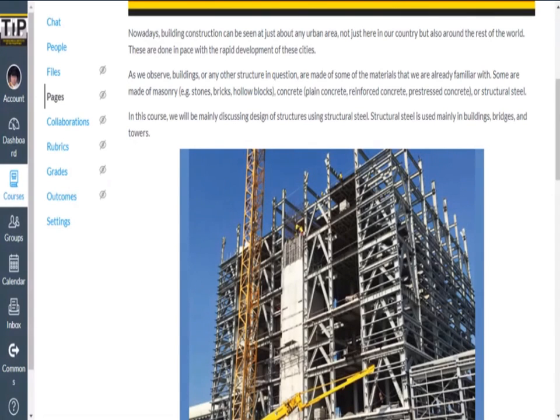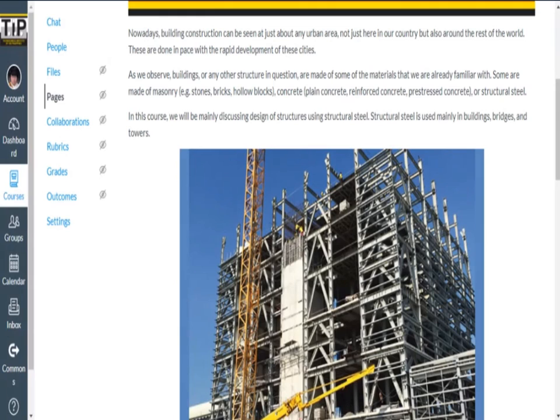Some are made of masonry, so CHB, hollow blocks. So that's one example of masonry. Concrete, the most commonly used for building construction is reinforced concrete, concrete with reinforcing steel.